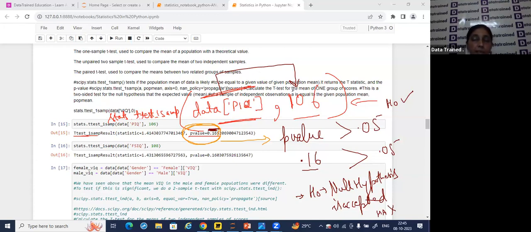The p-value is greater than 0.05, hence the null hypothesis is accepted and the alternative hypothesis is rejected, which says it is true that the mean value of the provided data is identical to this number. So here we need to check it. This is the first case.